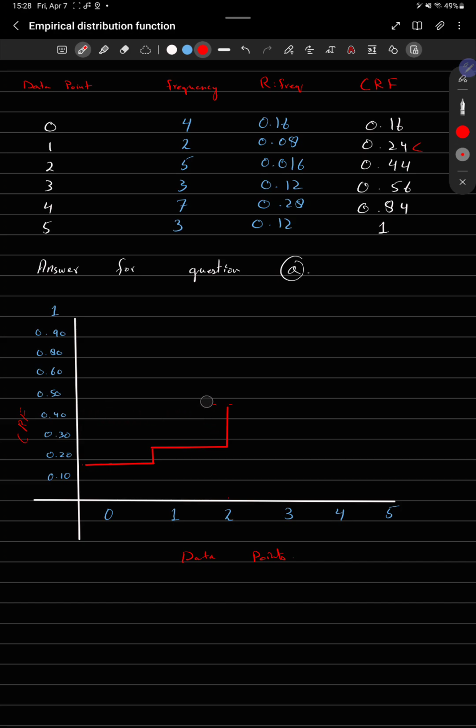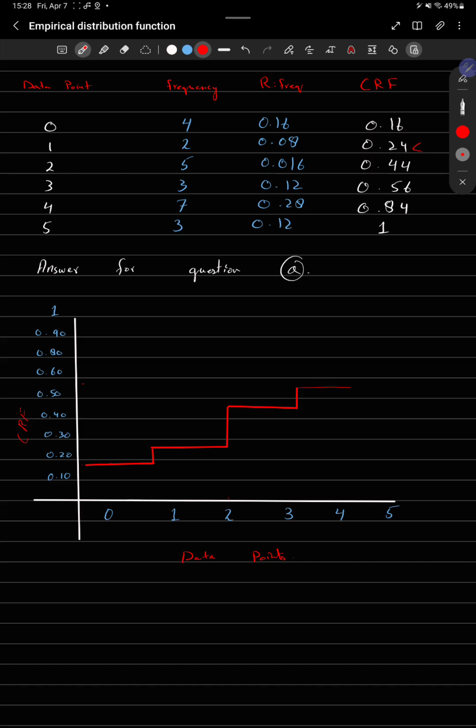Okay, and we go till 3 to our next point, and for 3 we have 0.56, so 0.56 will be here. We go up till here, then we go to number 4.